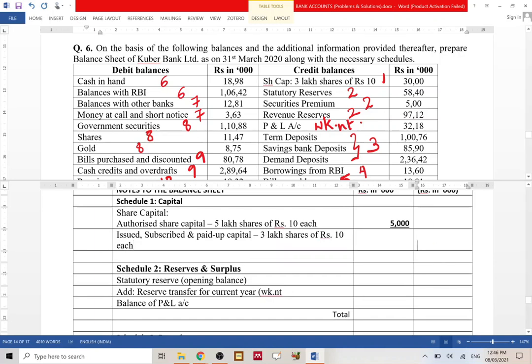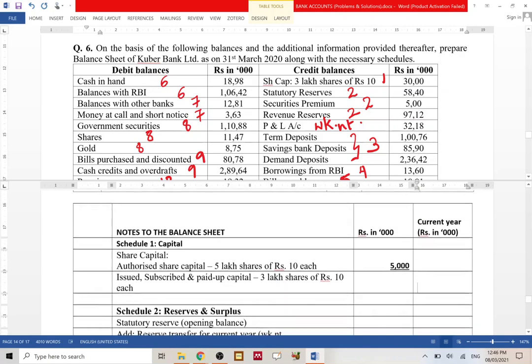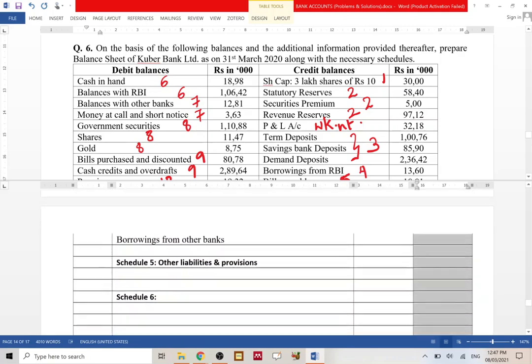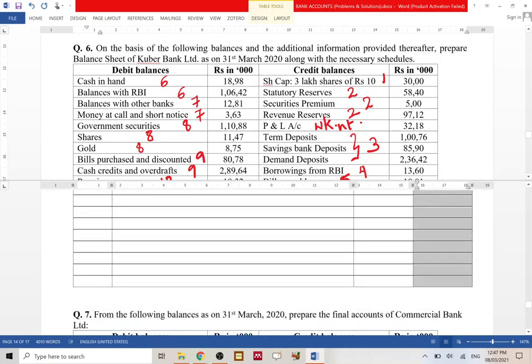Done. The 3,000 we can show in the outer column, and this will finally go in the calculation of our liabilities. It will go in our actual balance sheet.